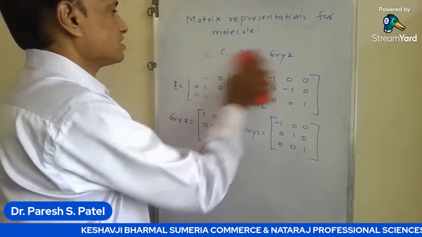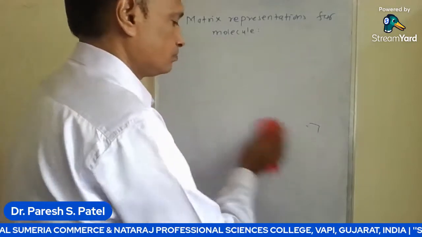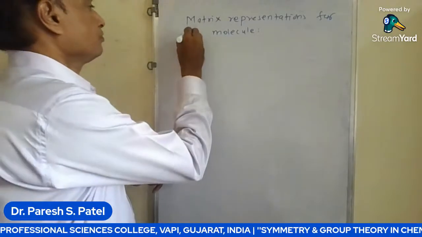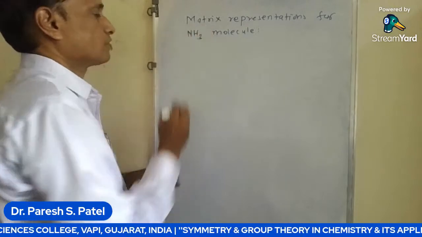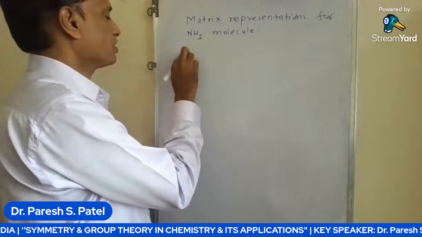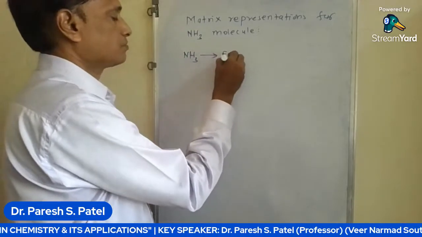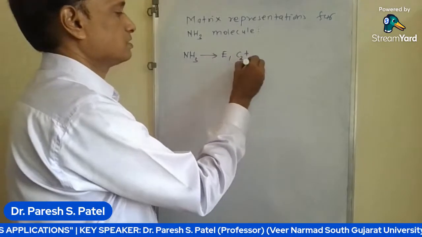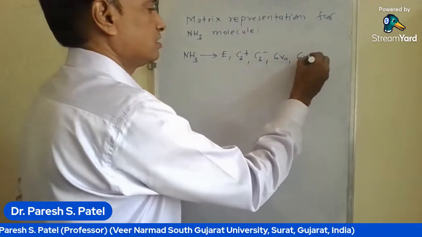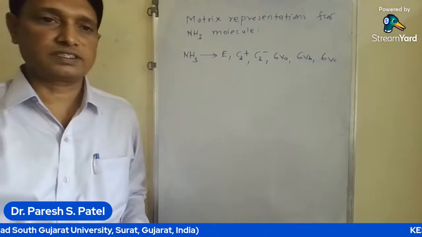Now, next one is the matrix representation for the ammonia molecule. We know that the ammonia molecule consists of E, C3 plus, C3 minus, sigma va, sigma vb and sigma vc symmetry elements.